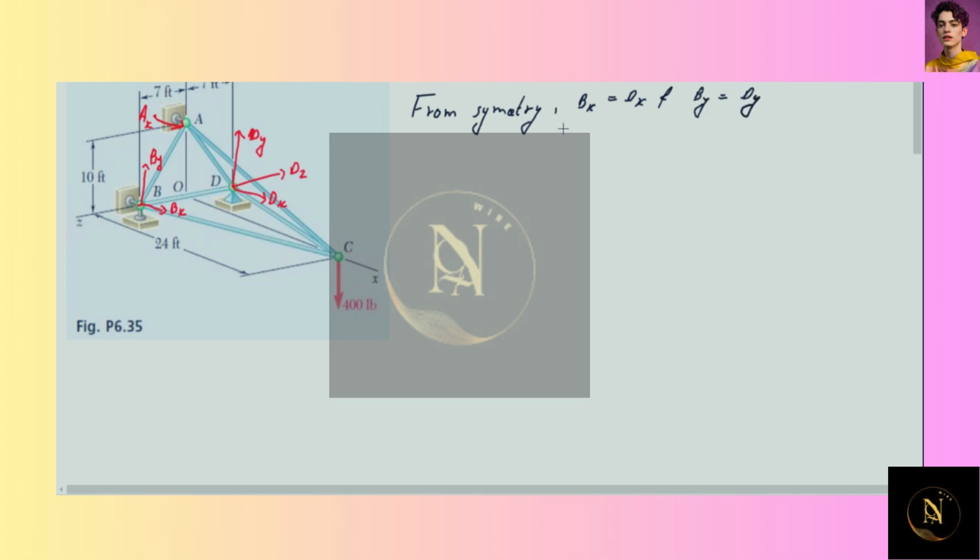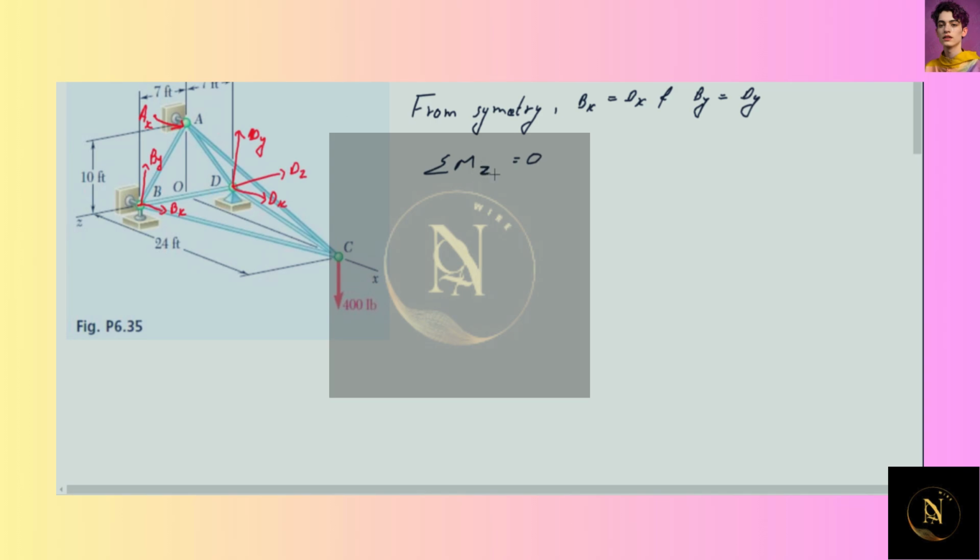And now let's apply the equilibrium equation in 3D. Summation of moment about the x axis equal to 0 gives you, first let's do along y.